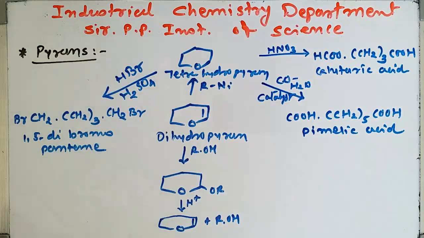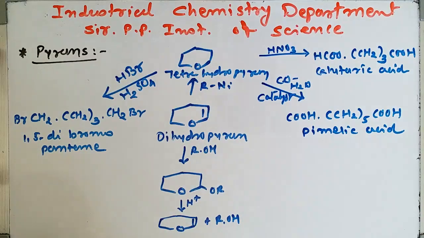These are very important compounds we get from derivatives of pyran. So this is the important information on the six-member ring containing one heteroatom, oxygen, that is pyran.